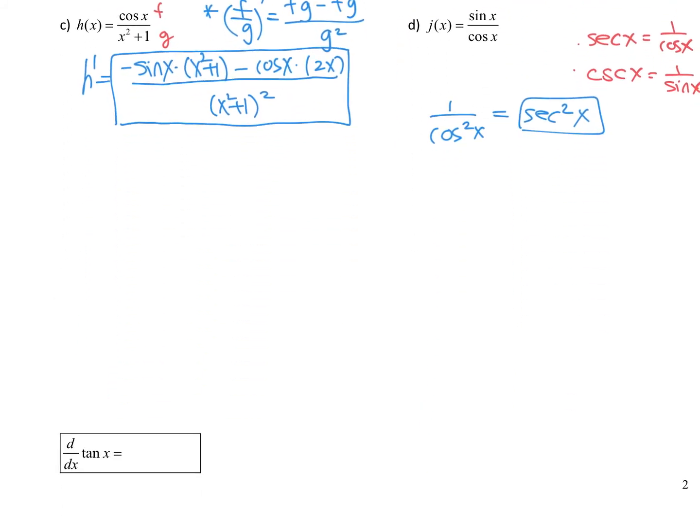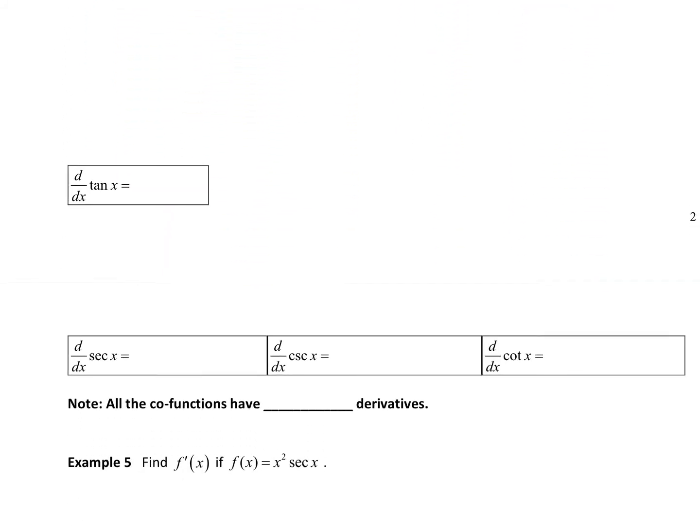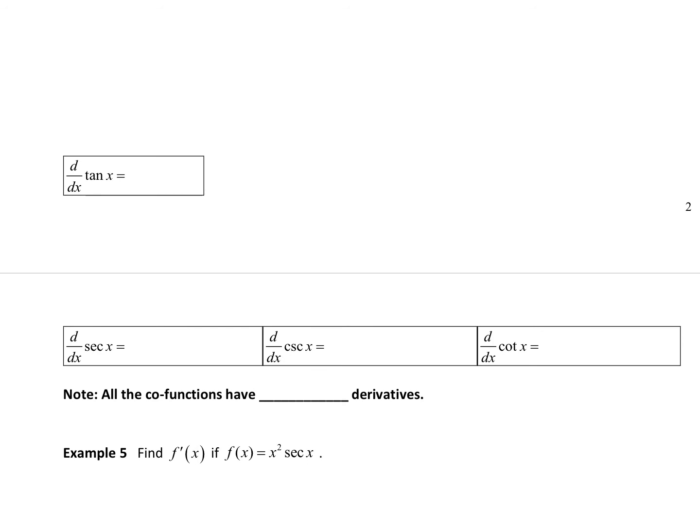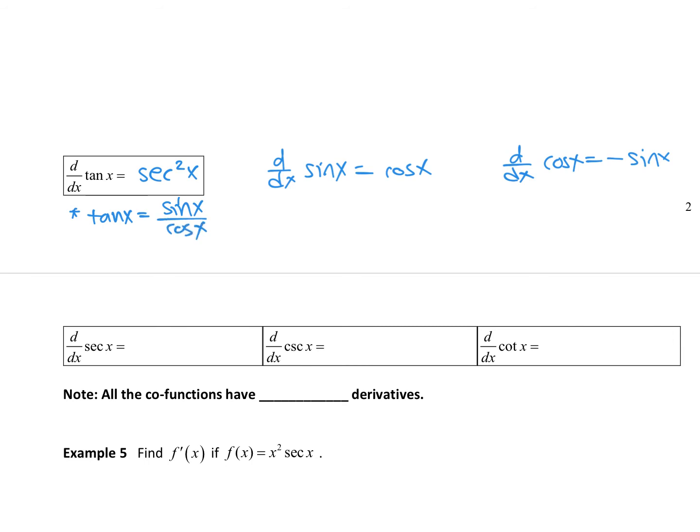All right, let's look at the other formulas for the trig functions. So far we had the derivative of sine x is cosine x, and the derivative of cosine x is negative sine x. How about tangent x? The derivative of tangent x is secant squared x. Make a note here, tangent x comes from sine x over cosine x.